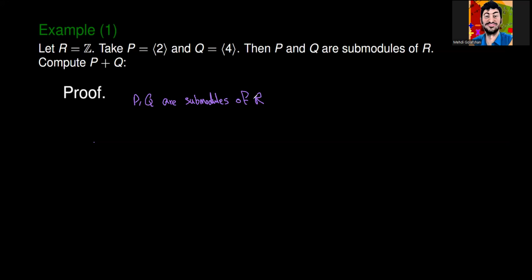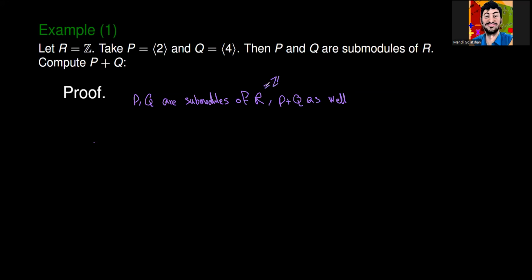Submodule here means left submodule, but let's skip that. So P and Q are both left R submodules of R. Let's compute what P plus Q is. It's a submodule of Z.